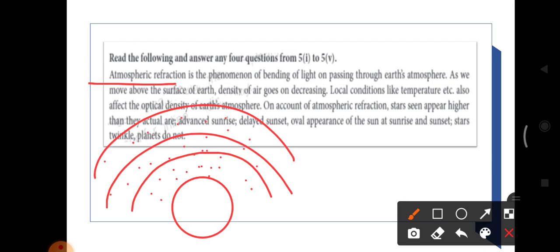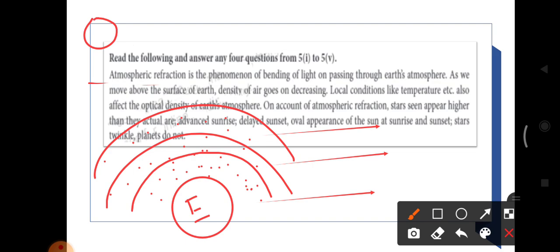The temperature and the number of particles vary from one layer to another layer. So, this is our Earth. This is the sun or star. When it enters, this is a vacuum and this is air.